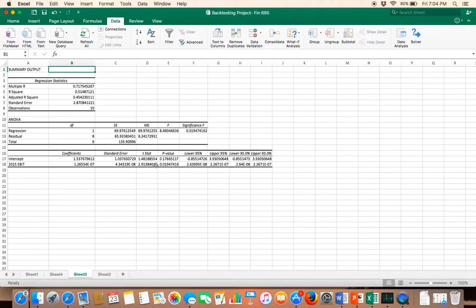Then we went to the t-stat, and as we can see, it came out to 2.9. And as we know, the baseline is 1.65. So according to this, there is a statistical relationship between the earnings before interest and taxes and the earnings per share.